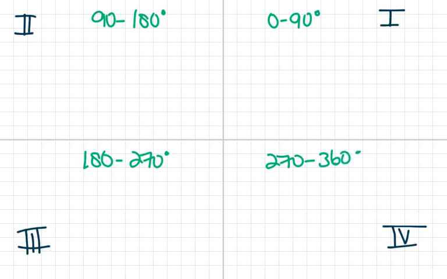Now, the CAST rule. Quadrant 4 is letter C. Quadrant 1 is letter A. Quadrant 2 is letter S. And quadrant 3 is letter T. So, as you can see, I spelled the word CAST, C-A-S-T. Now, this is going to help us remember what is positive in which quadrant.